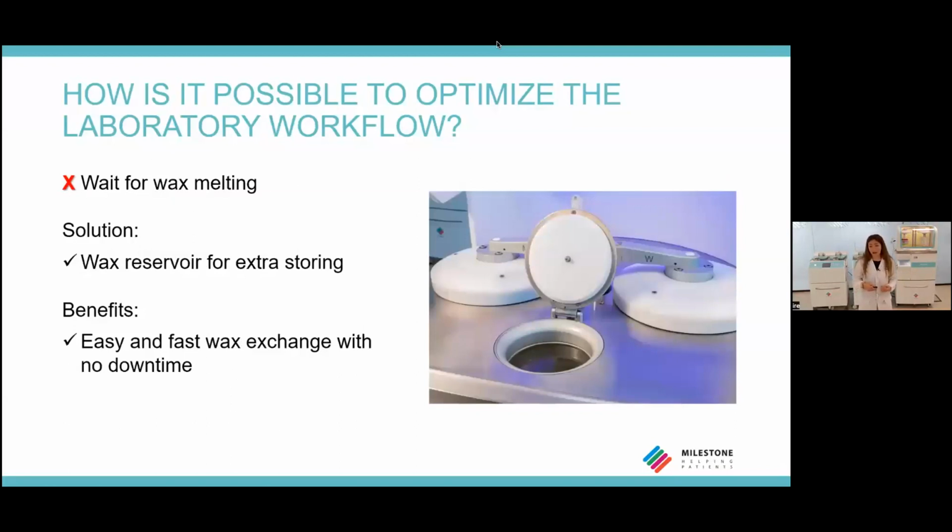And in Magnus, a wax reservoir is present, so that wax exchange can be done automatically. And after this operation, I don't have to wait for the melting time of the wax, because I have this reservoir with already melted wax, so I can immediately start a process. All these features give us the possibility to reduce unit downtime and therefore improve the workflow of the laboratory.